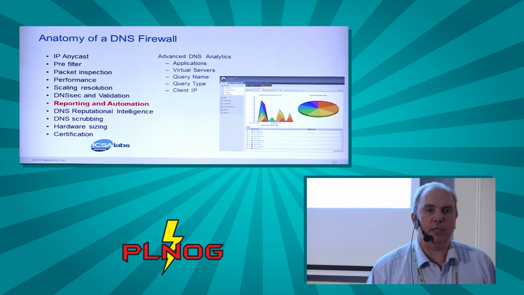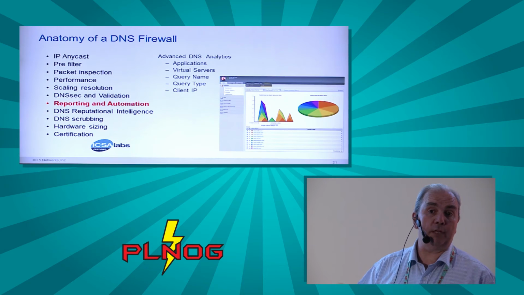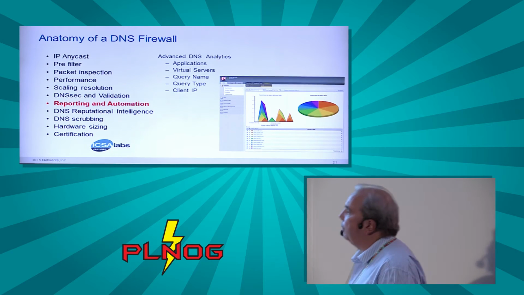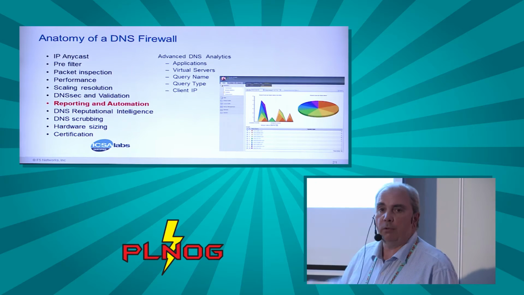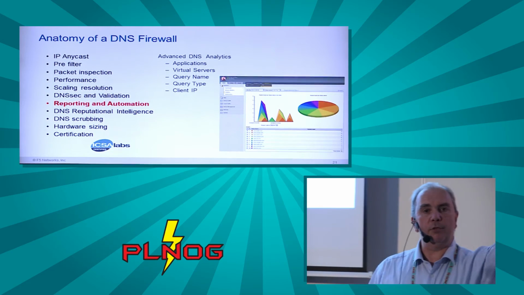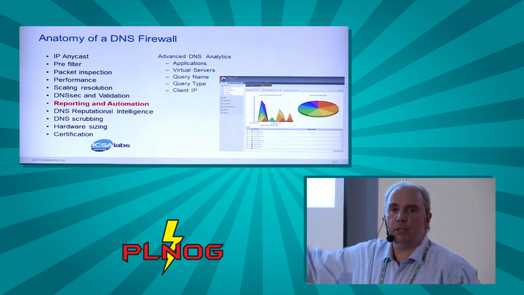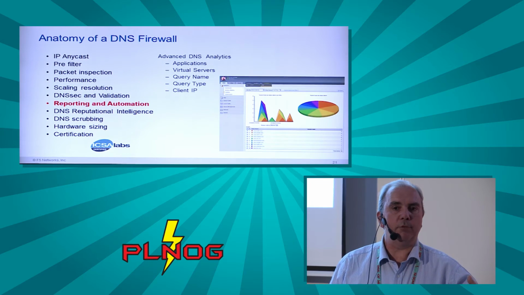Reporting, validation. Okay? One of the components is that you need historically to understand what's going on. There's a great story which happened with one of the customers. They started putting all of these components onto their existing DNS infrastructure, and the performance levels went down, down, down, down. As you add on all of these types of things, your performance levels generally will go down in terms of the number of resolutions.